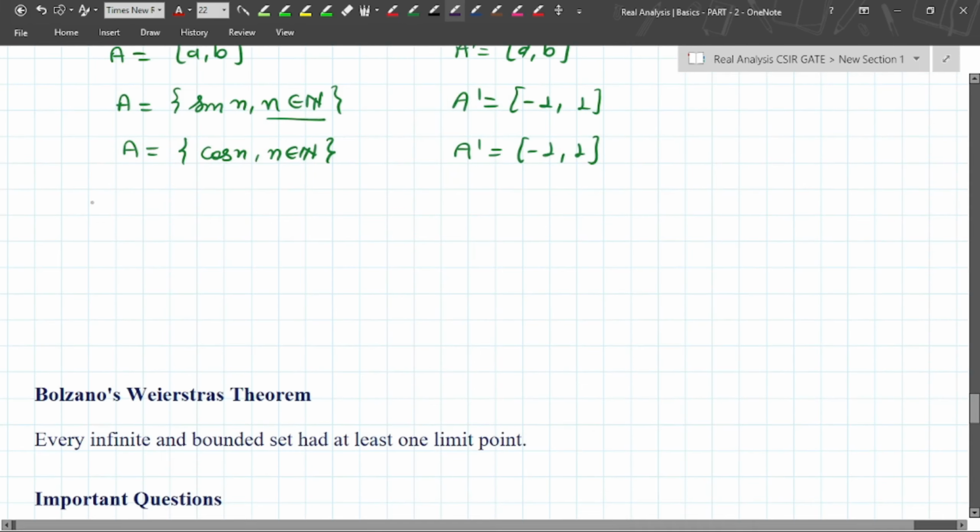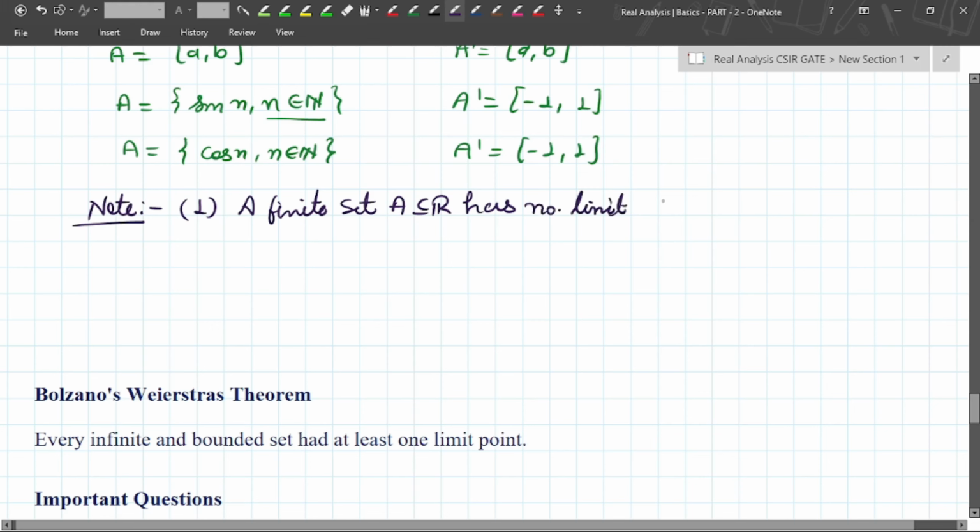So, note points. First, a finite set A, a subset of real numbers, has no limit point. It means the derived set will be empty. A finite set has no limit point, so the derived set will be empty.